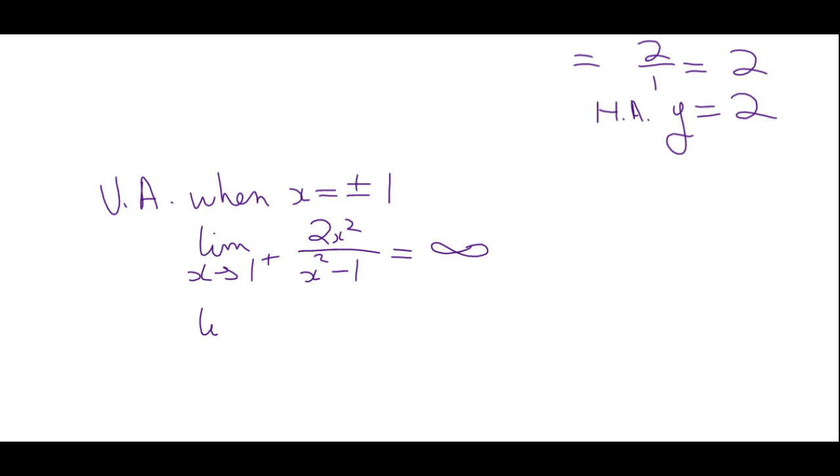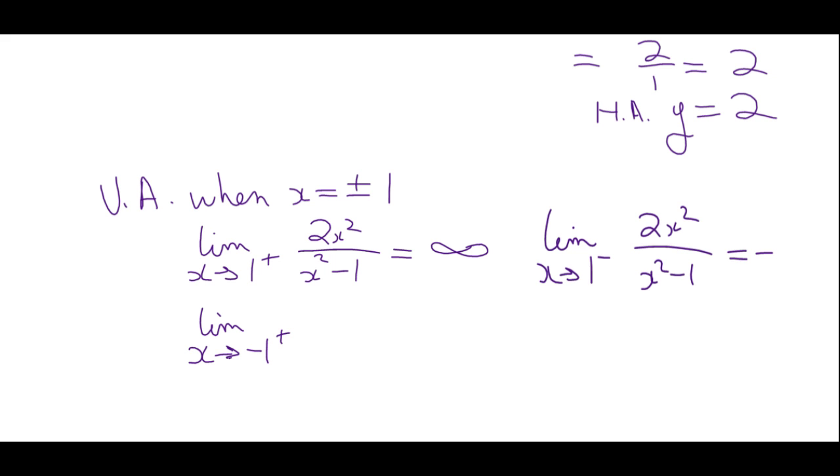And the limit as x approaches, let's do -1 from above. Or maybe we should go this way and do the limit as x approaches 1 from below. It's going to be negative infinity, right? Because this is going to be smaller, not much smaller than 1, and when you subtract 1, you'll end up with a very small negative, and that's 2.